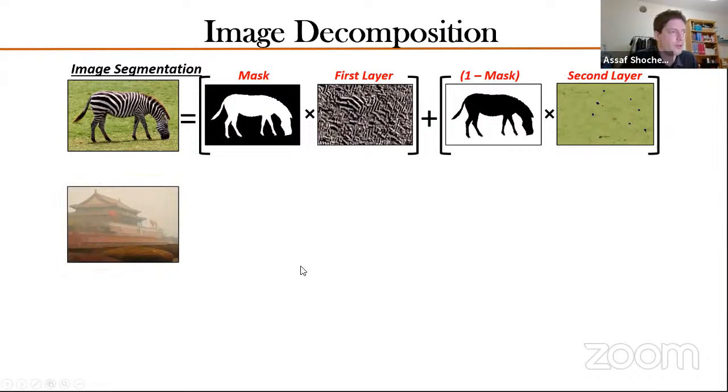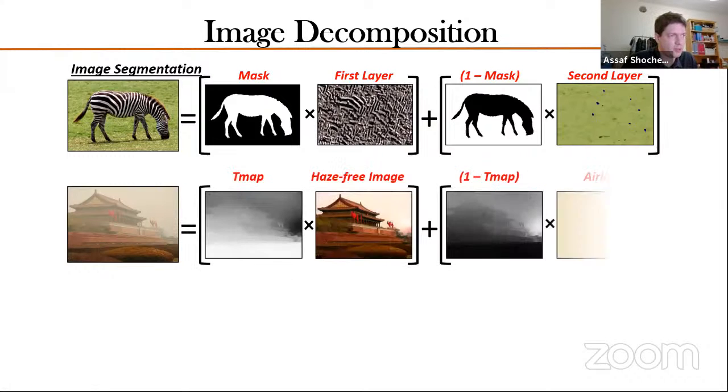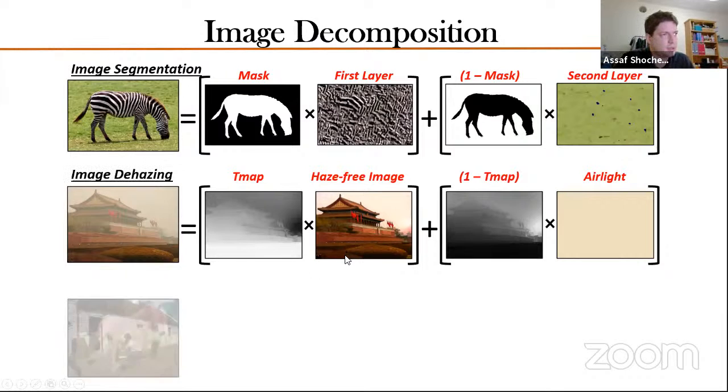And if we look at this image, I can say that this hazy image can be decomposed into what in physics and in dehazing challenges is called the transmission map, multiplied by the haze-free, clean image, plus one minus this transmission map multiplied by a thing called the air light. Of course, if I'm able to do this, then I have the haze-free image, so I'm able to do dehazing.